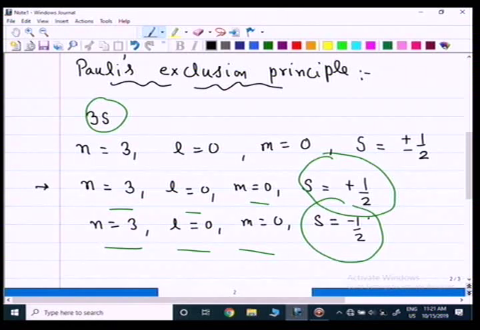Means your electricity means. Okay, is there electricity problem over there? Okay, that's cool.